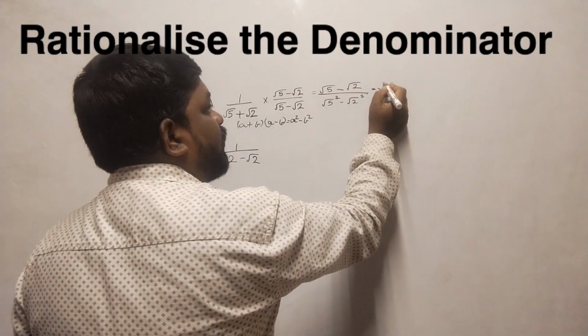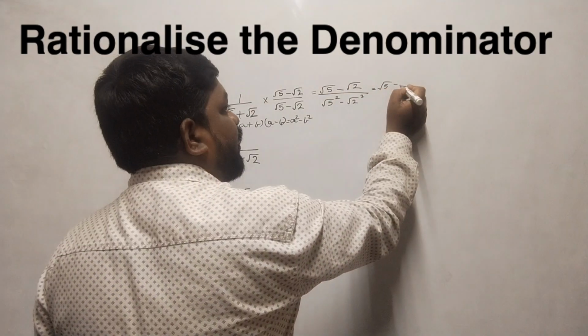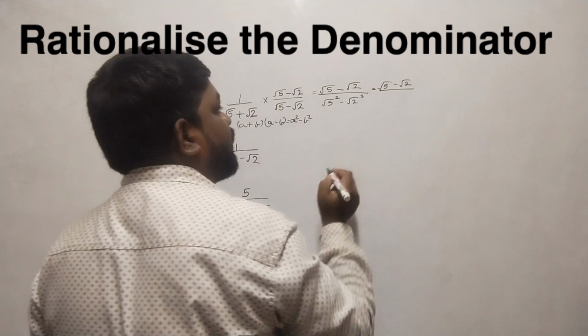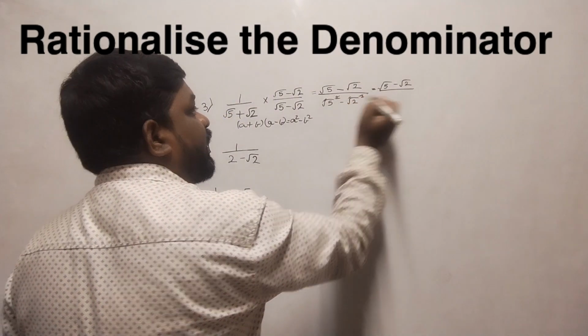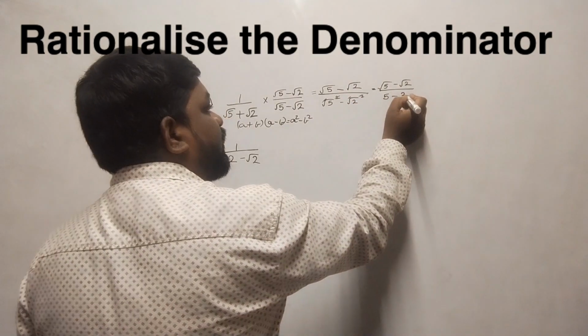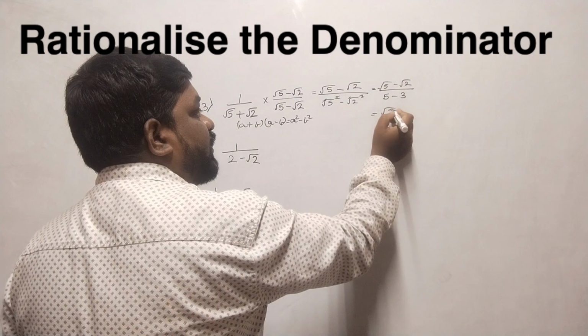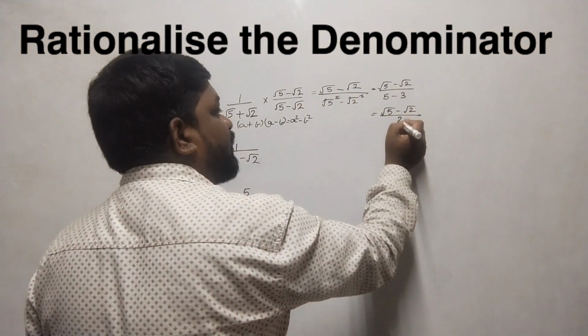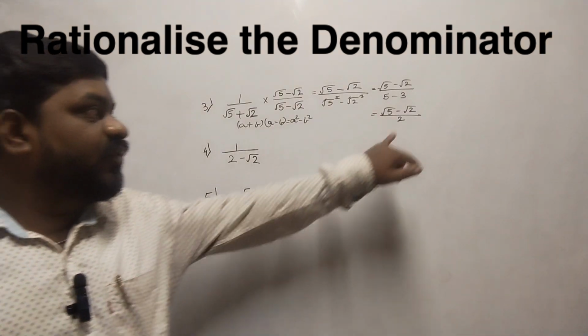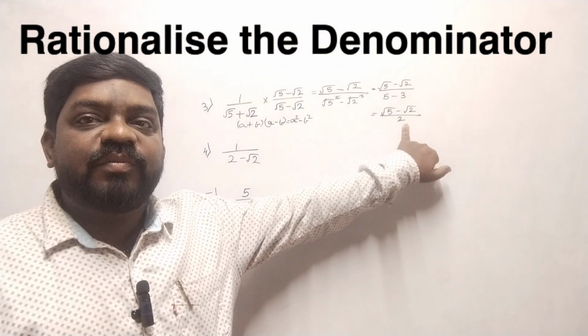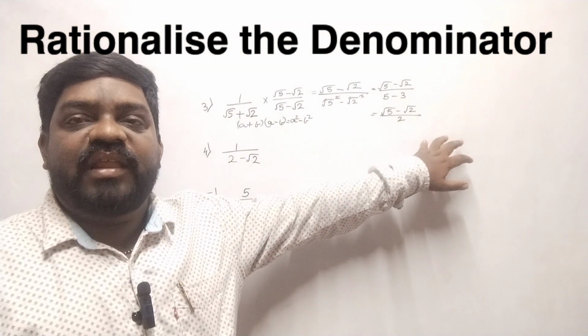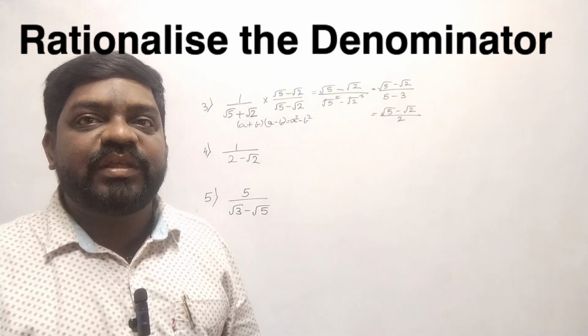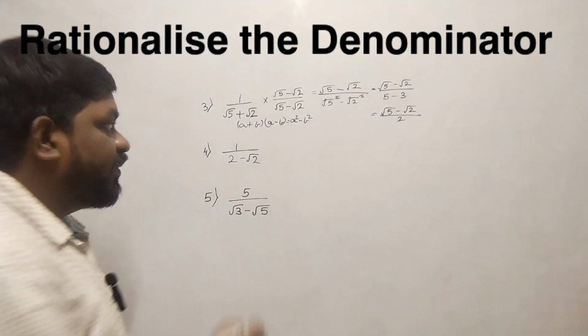Here the numbers under the root are different, so you can't add or subtract them. Square and root get cancelled, giving 5 minus 2. So the final answer is root 5 minus root 2 by 5 minus 2, which is 3. Now you can see the denominator has been rationalized, which means there is no root in the denominator.